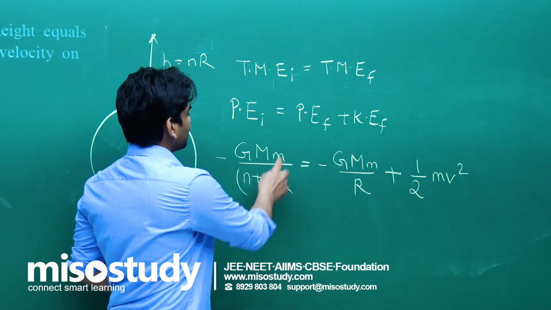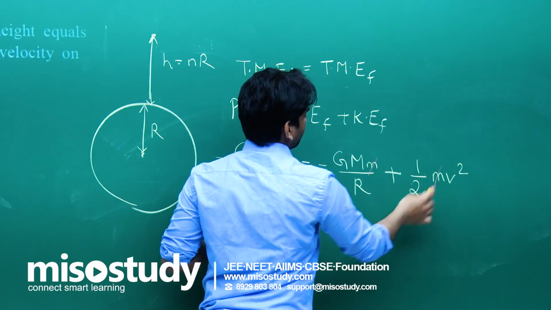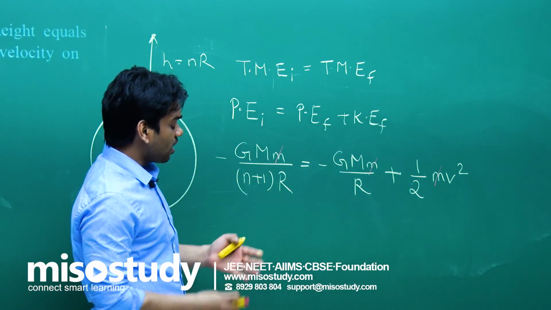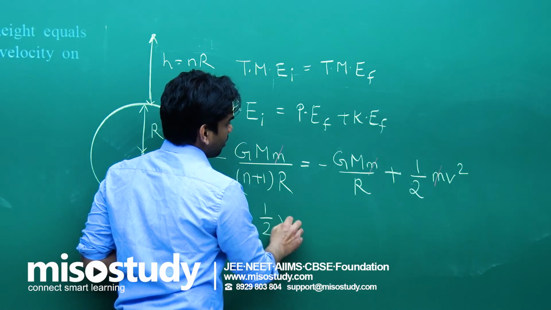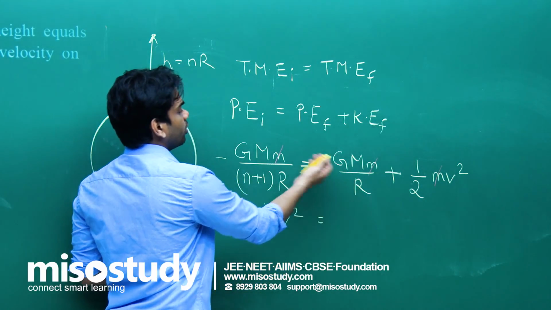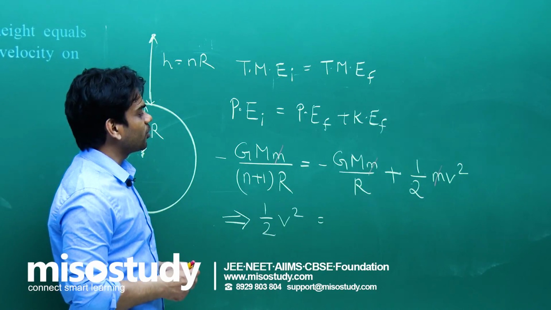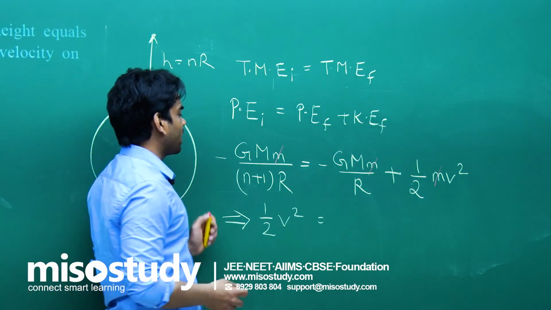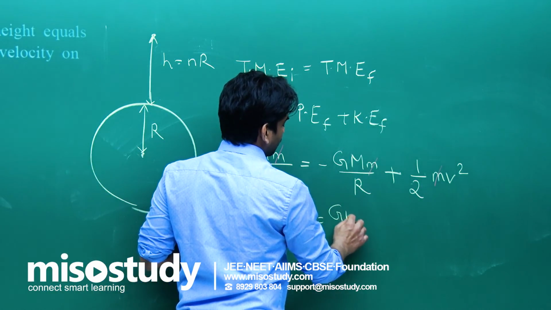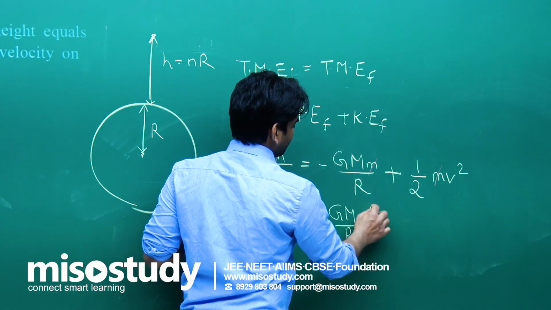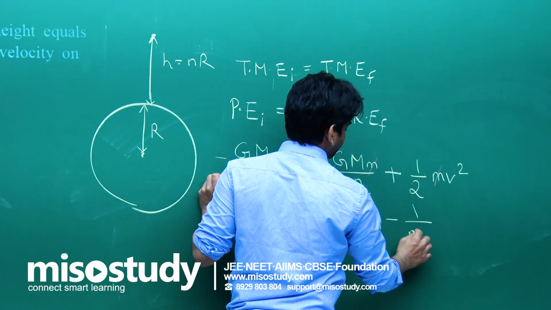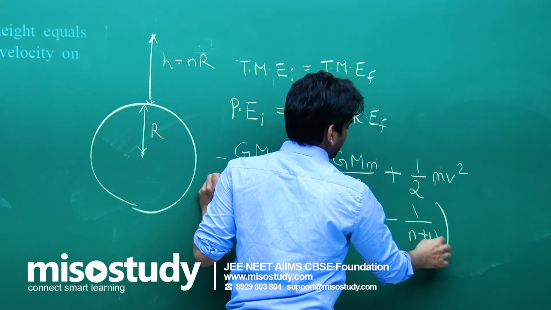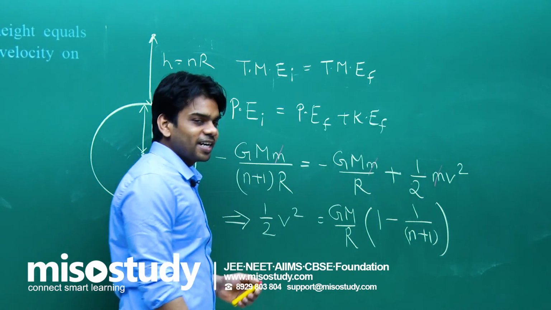From here you can easily cancel out the m terms, and if you write half v square, you will be obtaining half v square is equal to GM divided by R minus GM divided by (n plus 1)R. So GM by R times (1 minus 1 upon n plus 1). I believe this is what you will be getting.